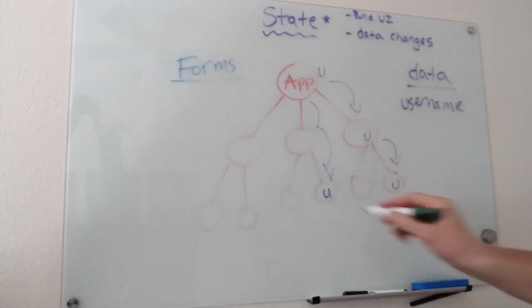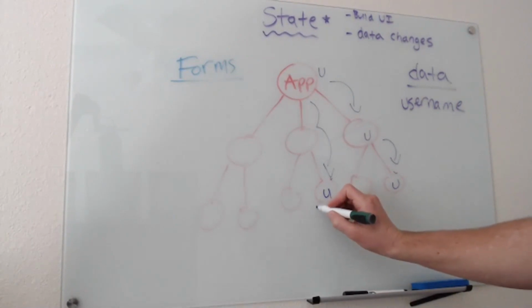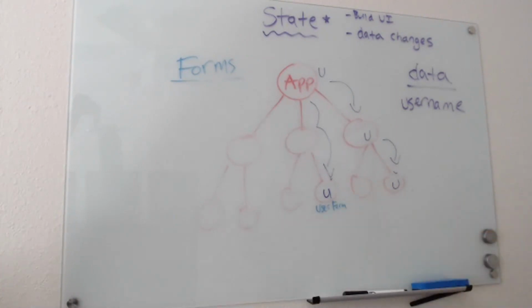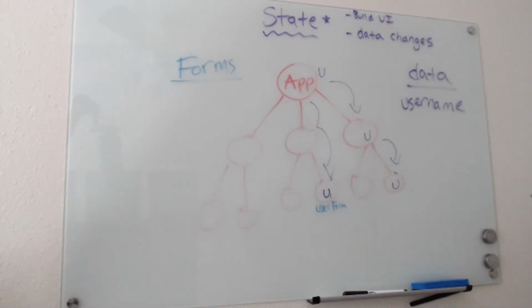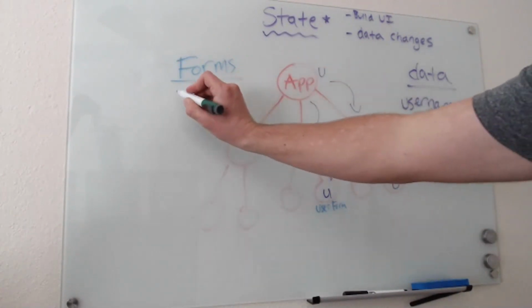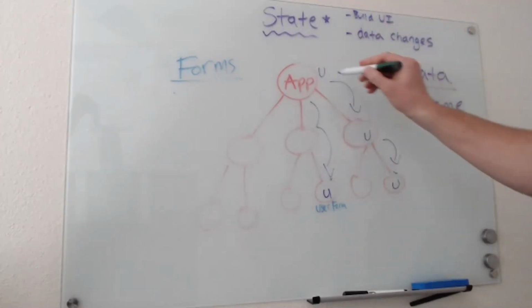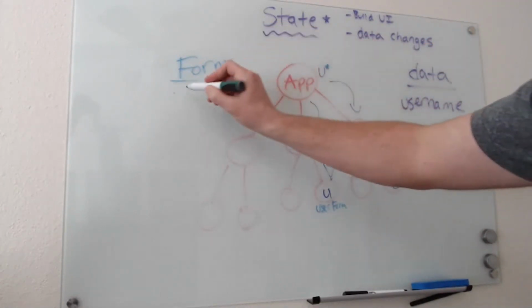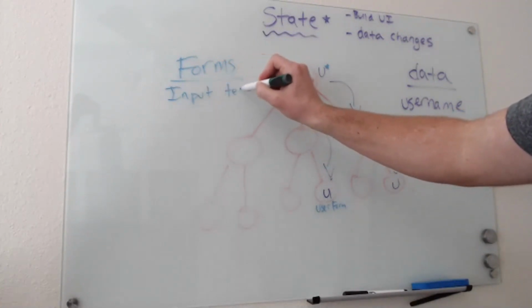Okay, so forms. Let's say that this component down here is a user form, and that's why it needs the username down here. Forms are a little bit different because they use state differently than this state up here. The state that a form uses is specifically for its input text.